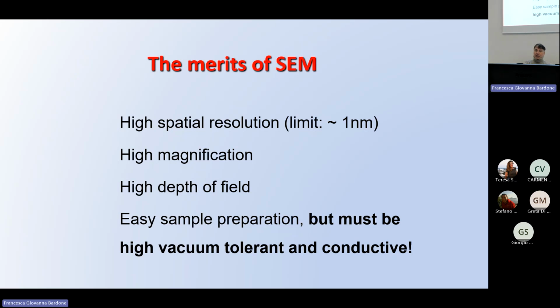In the scanning electron microscope, the depth of field is very high. So even if you have mountains and valleys in your sample, everything is always in focus. This is another advantage of the scanning electron microscope. And this I told you at the beginning, a classical SEM: the sample must be high vacuum tolerant and conductive.